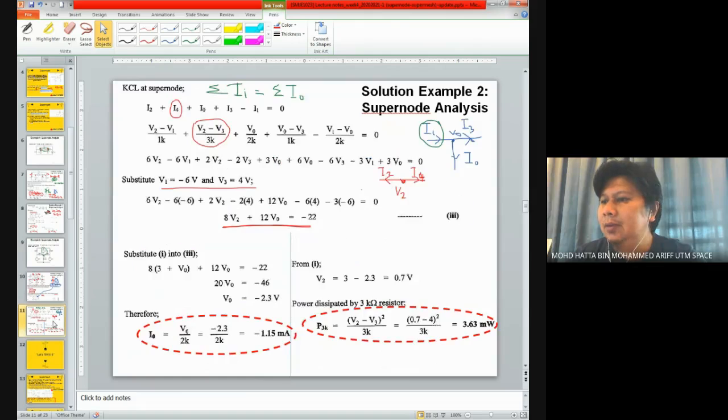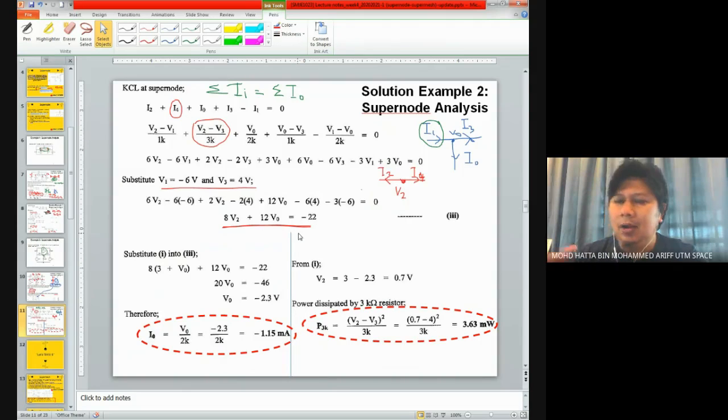So here, what you need to do is just substitute. Either you can substitute V2 or you can substitute V0 in order to solve this equation. In this example, you don't need to use a difficult matrix inverse or Cramer's rule, because it's just a simple substitution. However, you need to plan your solution.